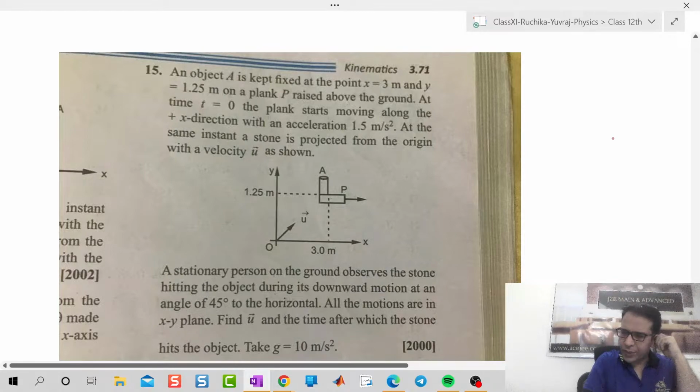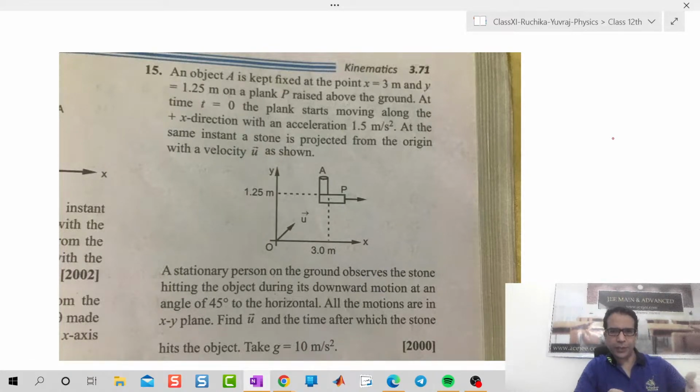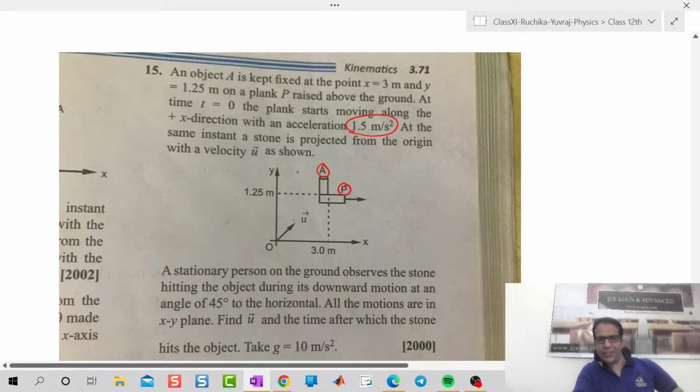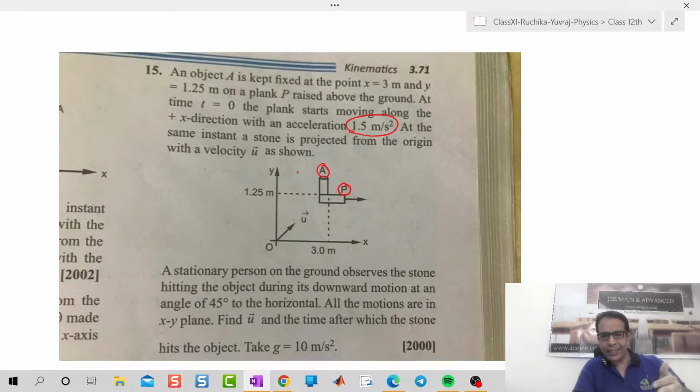Sure. Let's first understand what's going on and then we can worry about the equations. At t equals 0, this platform P starts to accelerate in the rightward direction with a constant acceleration of 1.5 meters per second square. The object A, which is kept on the platform, will accelerate along with the plank. Let me see if my assumption is right.